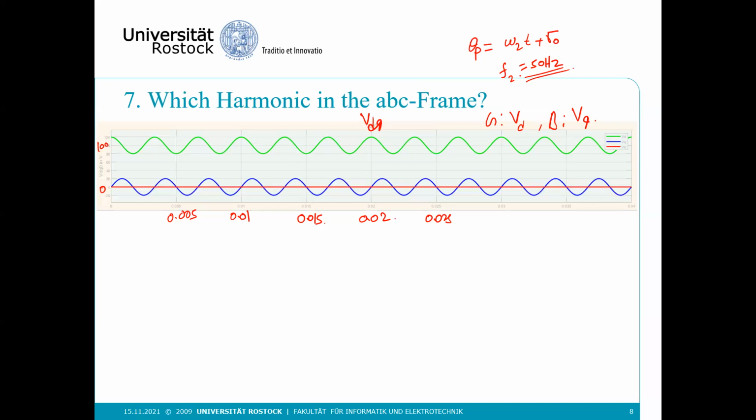So first of all, how do you say it's the fifth harmonic? You're seeing the peaks. And for example, in 0.02, how many peaks are there? How many did you find?